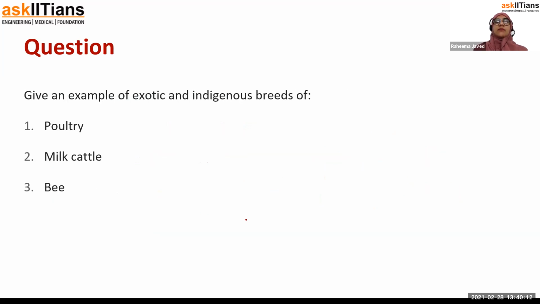Next question is, give an example of exotic and indigenous breeds of poultry. So I'm going to write exotic. I'm going to make two columns here, one for exotic and one for indigenous. Okay, so one exotic variety of poultry is leghorn. And indigenous is Aseel.